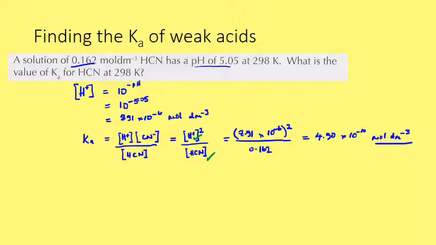The other thing I'd point out before we move on is to look how awkward these numbers are. 4.90 times 10 to the minus 10. And in the previous question, the Ka that we were working with, if you remember, was 1.75 times 10 to the minus 5. So pretty awkward numbers. And that leads us on to the next and final topic for this video lesson.